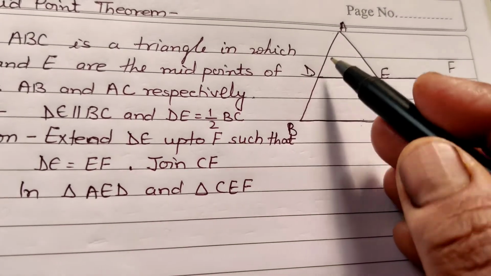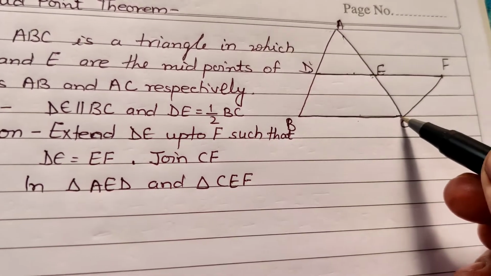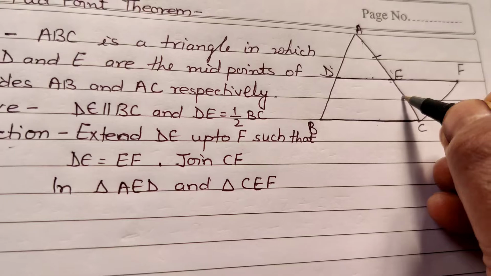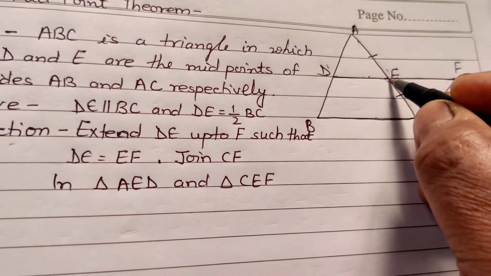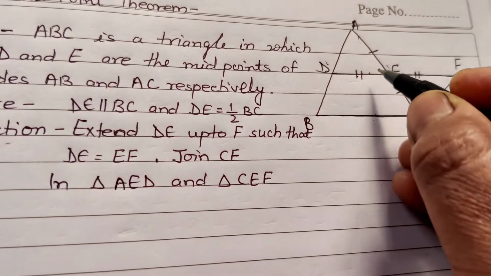Proof: in triangles AED and CEF, the first is AE equal to EC because E is the midpoint of AC. DE equal to EF by the construction.